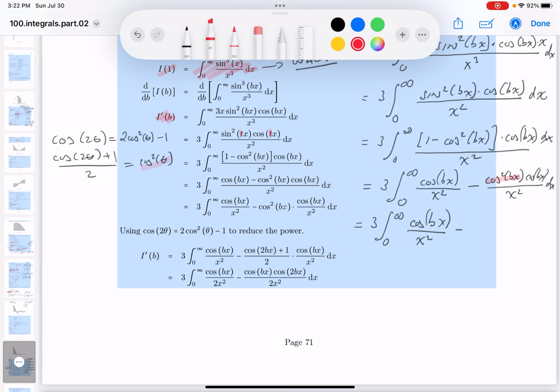And I gotta be really, really careful with that. And that's going to be a fraction 2, and then I'll get cosine of 2bx plus 1.